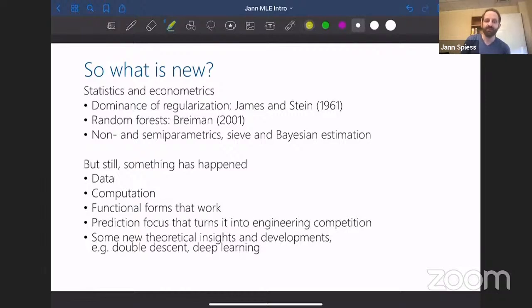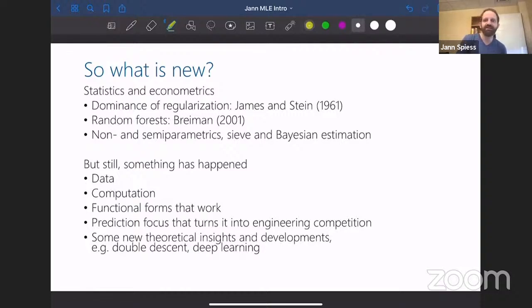Random forests themselves come out of statistics, associated with Leo Breiman. And there is a large area in econometrics that studies non- and semi-parametrics, sieve estimation, and Bayesian estimation, which can all be seen as variants of the structure that I just talked about.